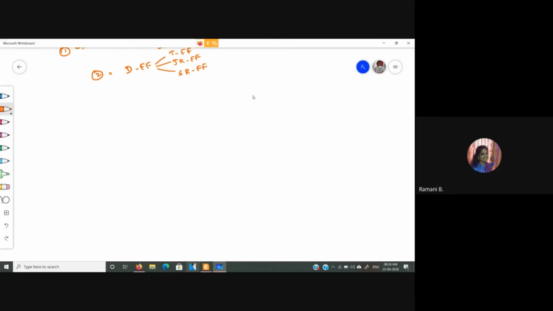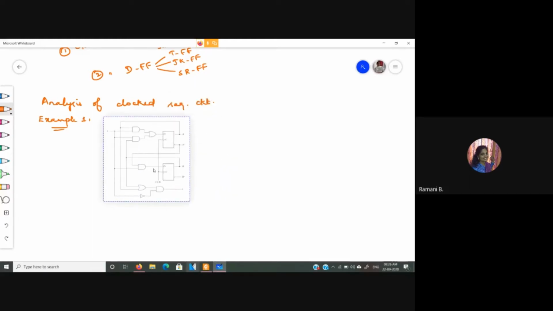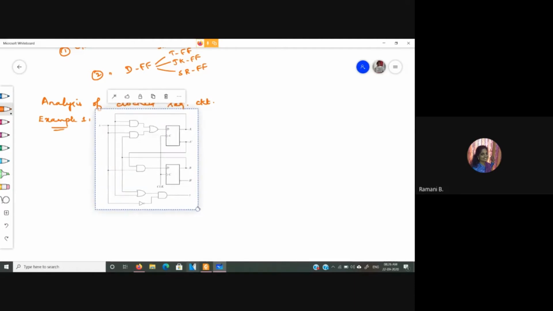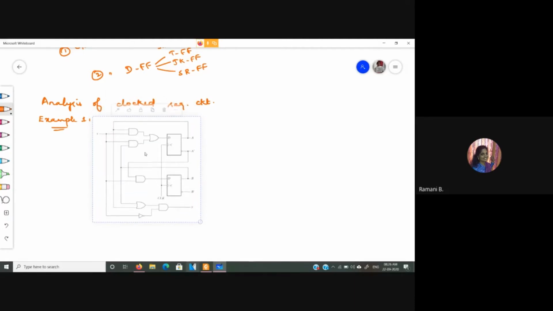So we have to see the analysis of a clocked sequential circuit. For this particular circuit, we are to analyze it. First, I said you need to check whether this is a clocked sequential circuit or not.